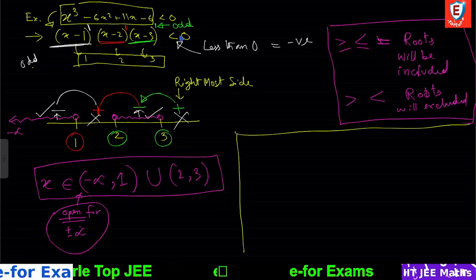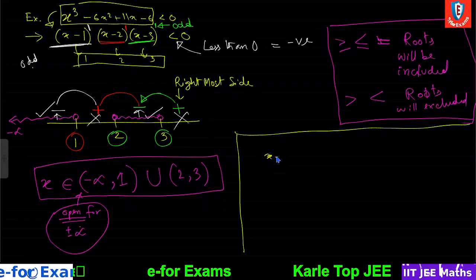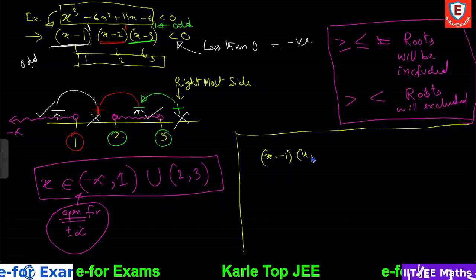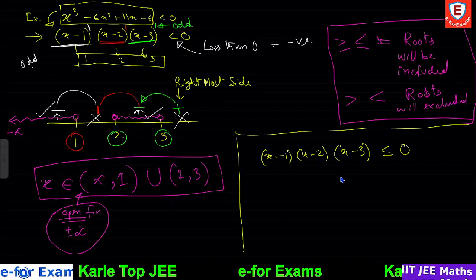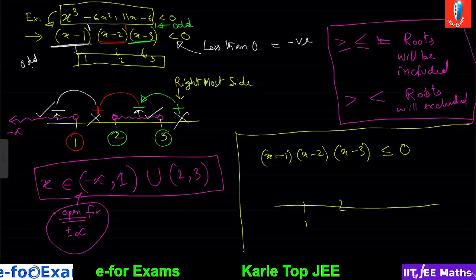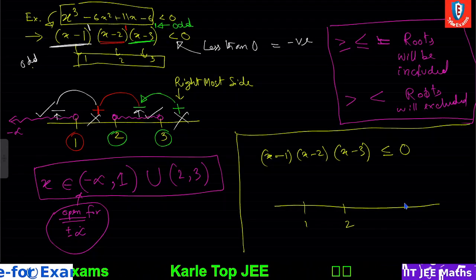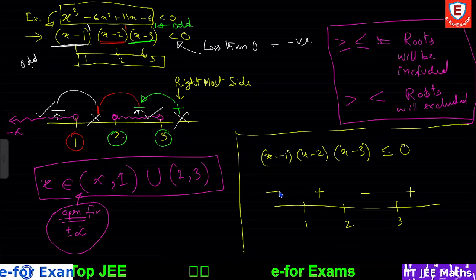Here, instead of less than, let's put less than or equal to: x minus 1 into x minus 2 into x minus 3 less than or equal to 0. Everything will remain the same. 1, 2, 3, plus minus plus minus.